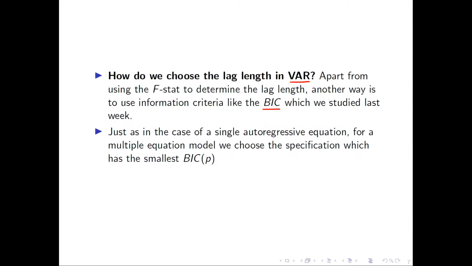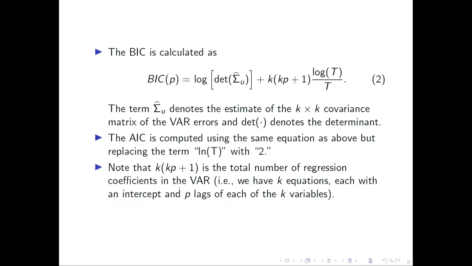And as in the case of a single autoregressive equation, we choose the specification which has the smallest Bayesian information criteria or Akaike information criteria.